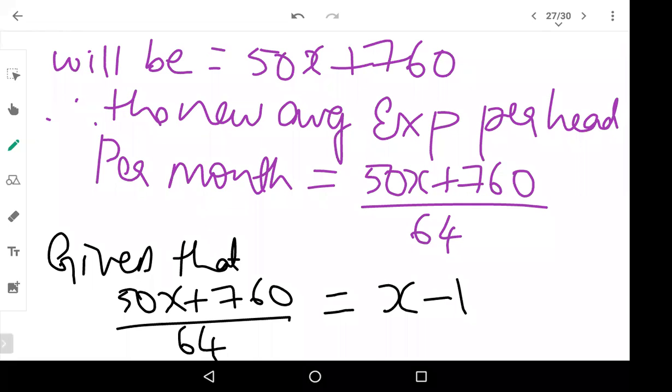Yes, the average per head is going to come down by 1 rupee. This is what they told us. So now we have got the equation format and then we are supposed to solve this. Did you understand how to form the equation? You have to analyze every sentence, every word is important. Any doubts still here?